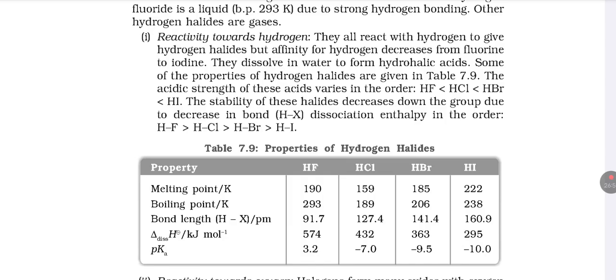The acidic strength of these acids varies in the order HF, HCl, HBr, HI, with HI the greatest. The stability of these halides decreases down the group due to decrease in bond dissociation enthalpy, in the order hydrogen fluoride the highest, decreasing through HCl, HBr, HI.